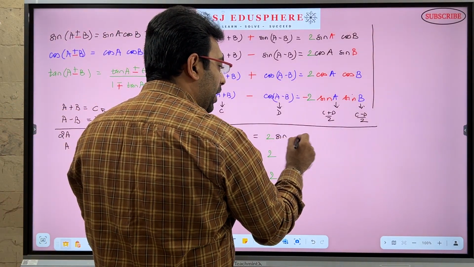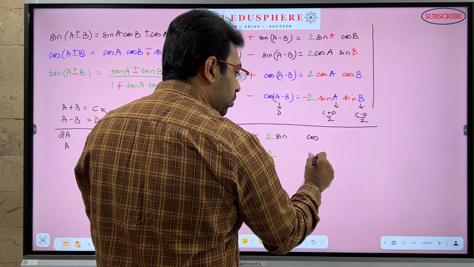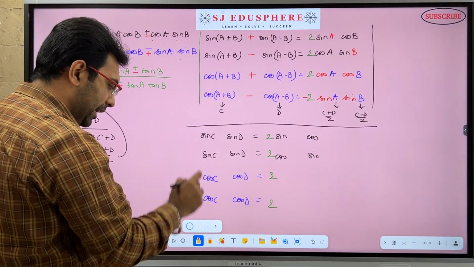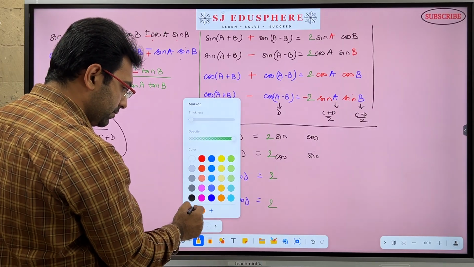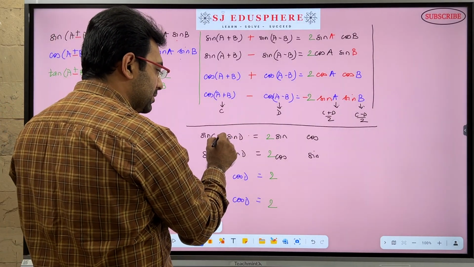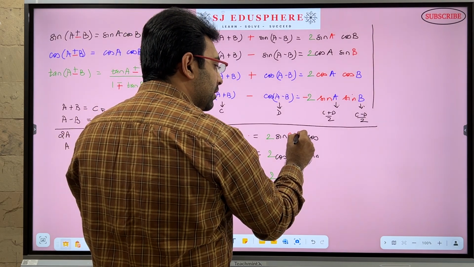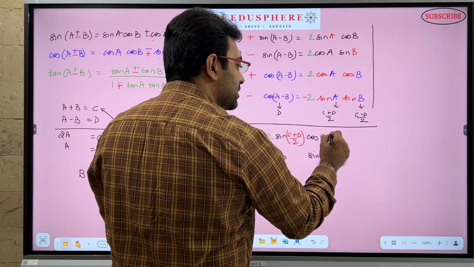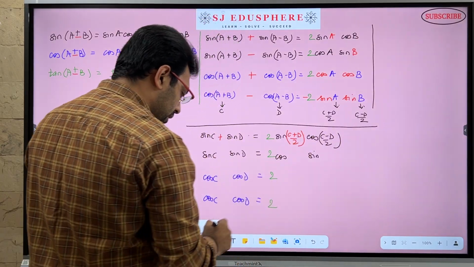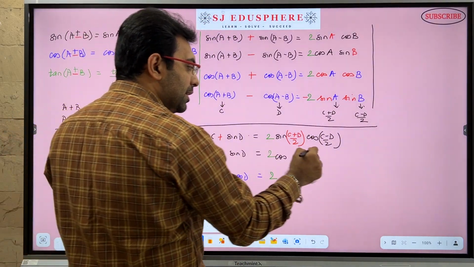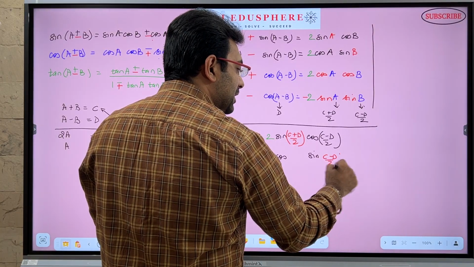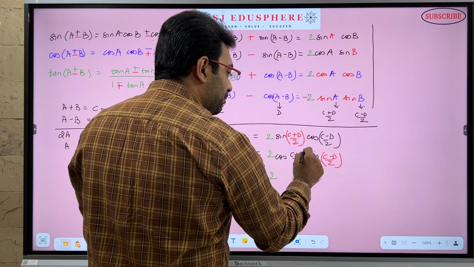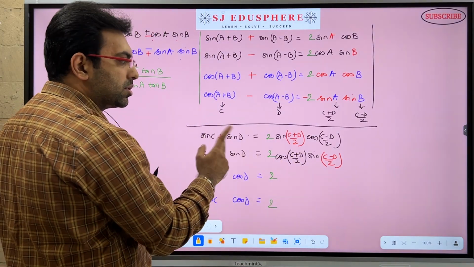Sine will have one sine, one cos, one sine, one cos. If I give it a plus, sine will take (C+D)/2 and cos will have (C-D)/2. If I give it a minus, sine will take (C-D)/2 and cos will have (C+D)/2. Try to match the color code.